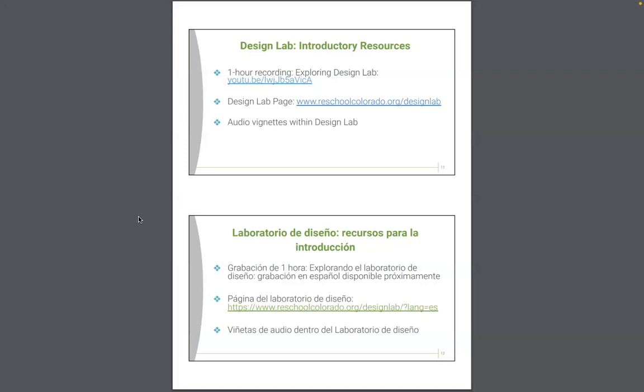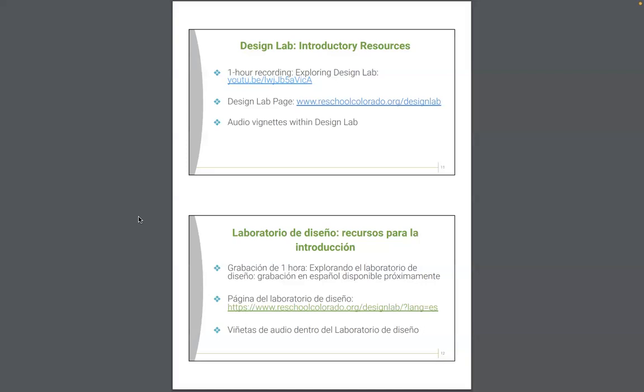We also have the Design Lab page on our website that talks a whole lot about what Design Lab is, who it's for. Exploring Design Lab goes deep into what is inside Design Lab, what are the tools, what are the resources.